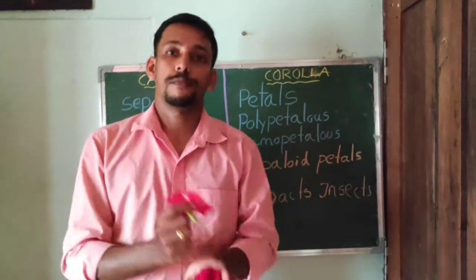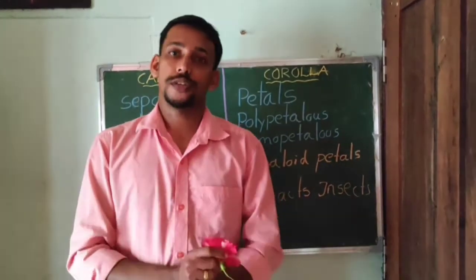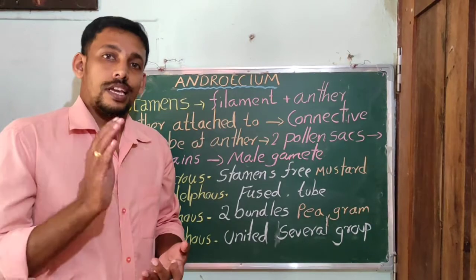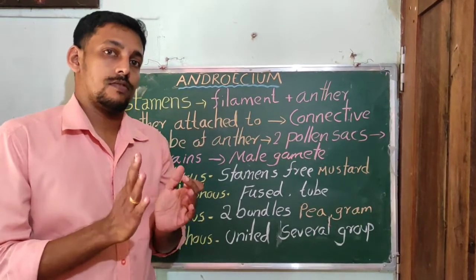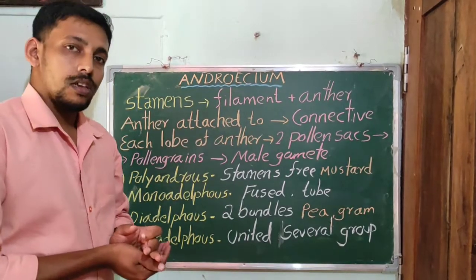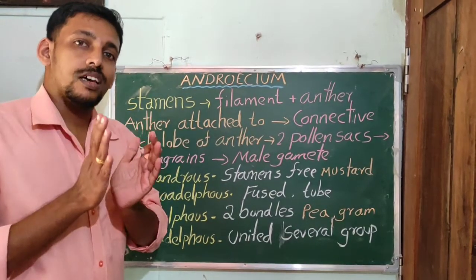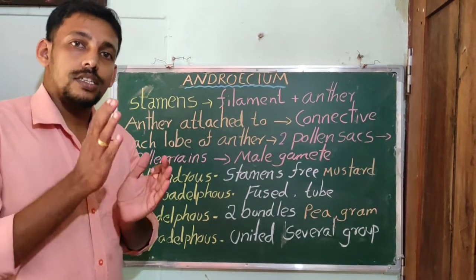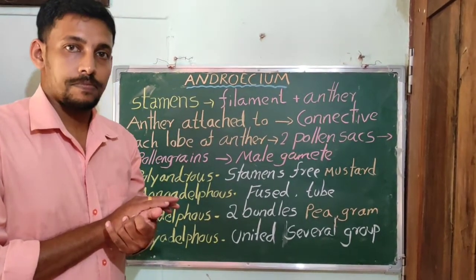Now we are going to study the next important part, the male reproductive part, known as the androecium. This is the third part of the flower. It is the male reproductive whorl of the flower, and it is inner to the corolla.